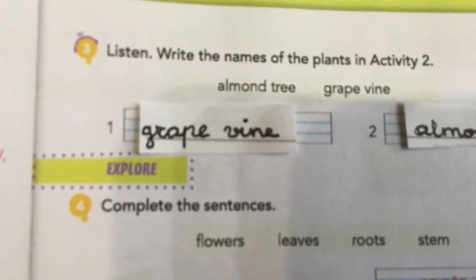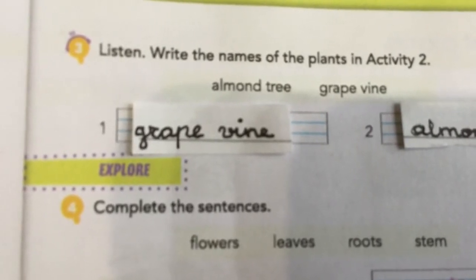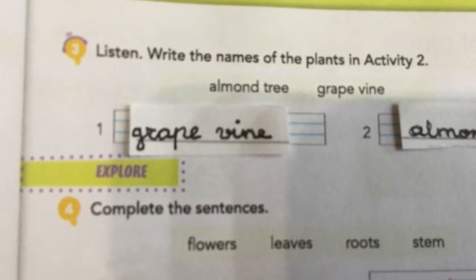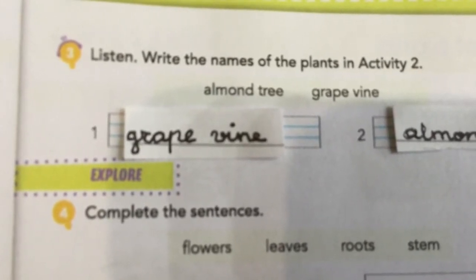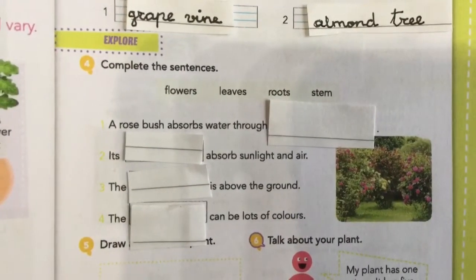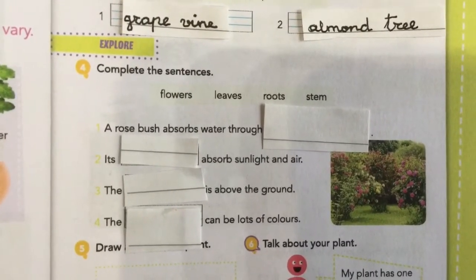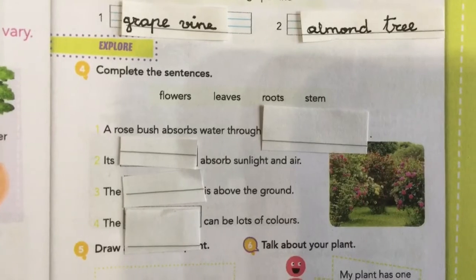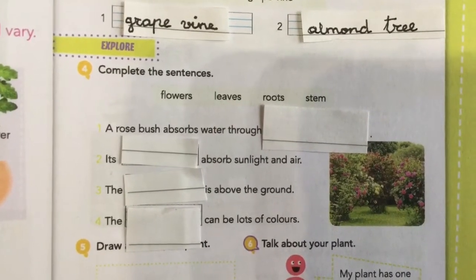Flowers. Listen and repeat. Flowers. Leaves. Roots. And stem. We have the activity. It says, a rose bush absorbs water through the flowers, the leaves, the roots, or the stem.